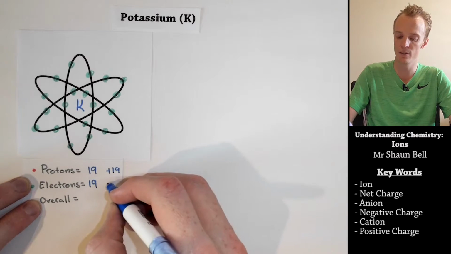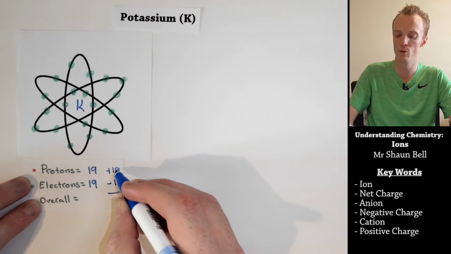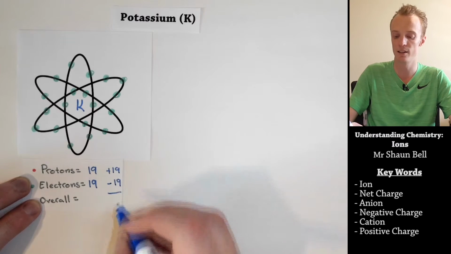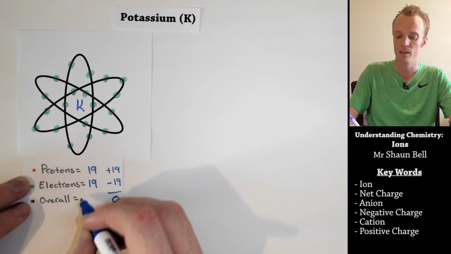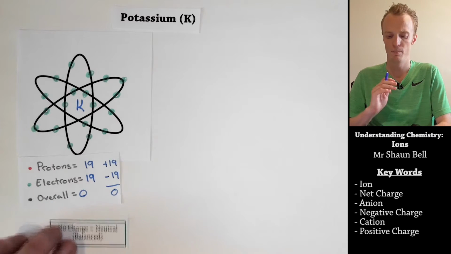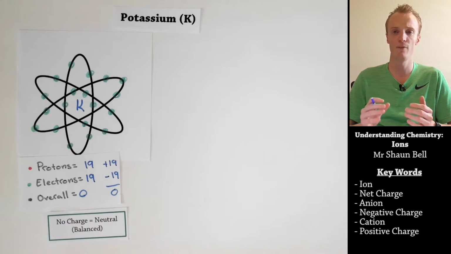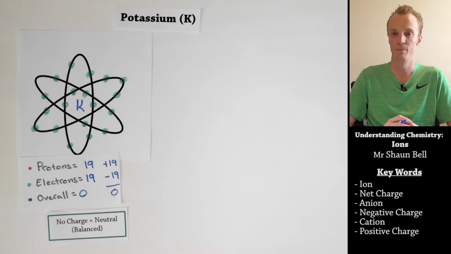The number of electrons gives me a -19 in my charge. And overall, +19 subtract 19 will be 0, so my overall charge will be 0. Now, because my overall charge is 0, I have no charge, therefore I don't have an ion.